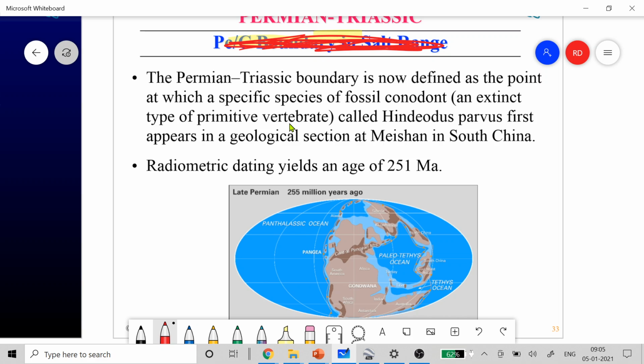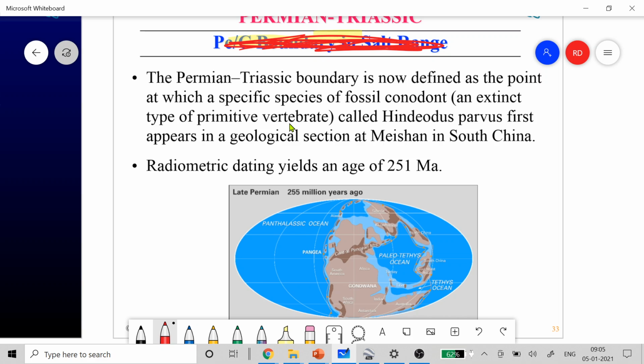So you go there, you define a stratotype, you date that stratotype, what is the exact date, using let's say radiometric dating. And then once that stratotype is defined, you try to find its equivalence across the globe, so that you don't have to always date it radiometrically.